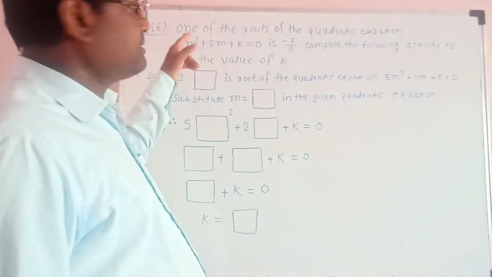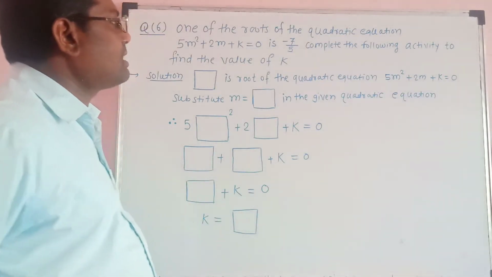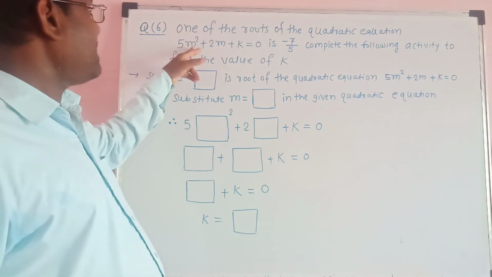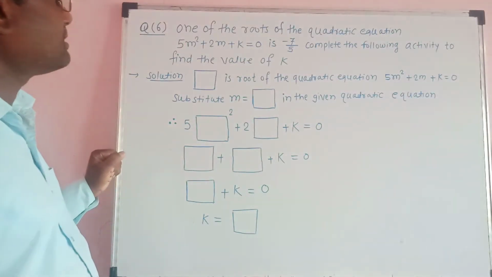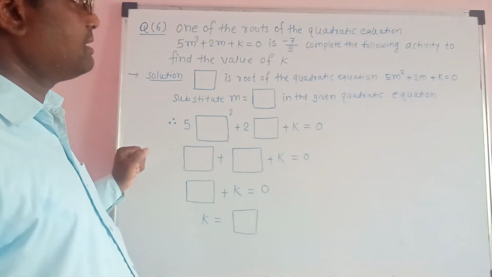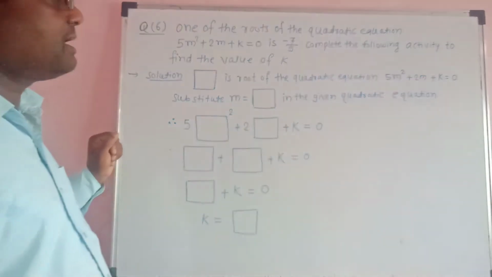Now question number 6. One of the roots of the quadratic equation 5m square plus 2m plus k is equal to 0 is minus 7 upon 5. Complete the following activity to find the value of k.